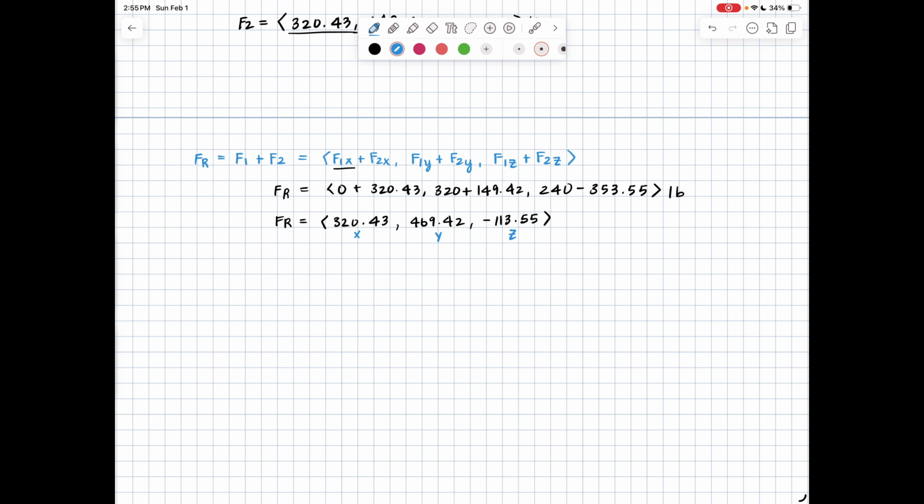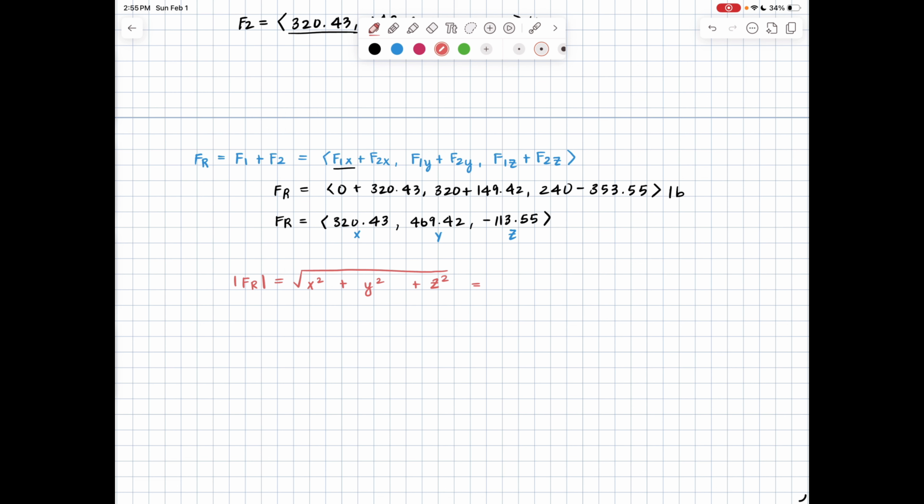To get the magnitude, all we're going to have to do is use a distance formula. So what we're going to do is write down FR with these absolute value signs, which really means you're trying to find the magnitude. And we're going to do x squared plus y squared plus z squared, and then square root that.